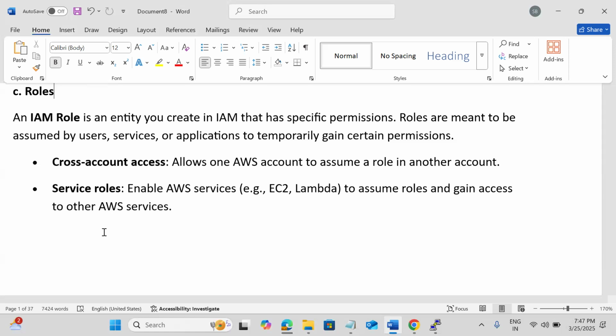But if I go for groups, I'm going to create a developer group and add these 100 users to that same group. Then automatically they're going to get the same permissions. So when we want to give group level permissions for a large scale user base, it is better to go for groups than individual users.